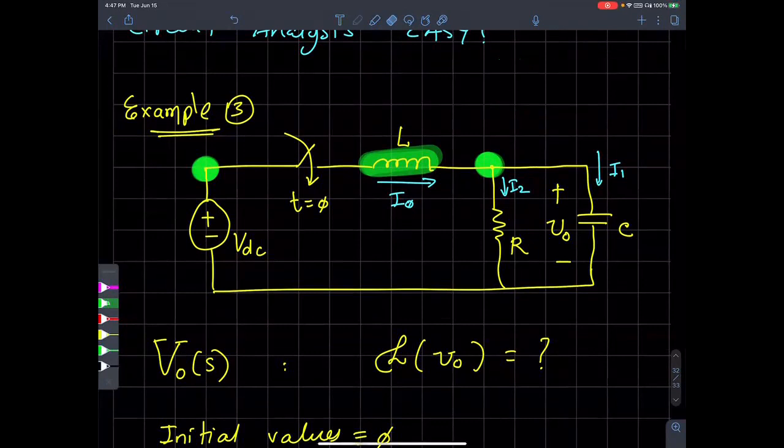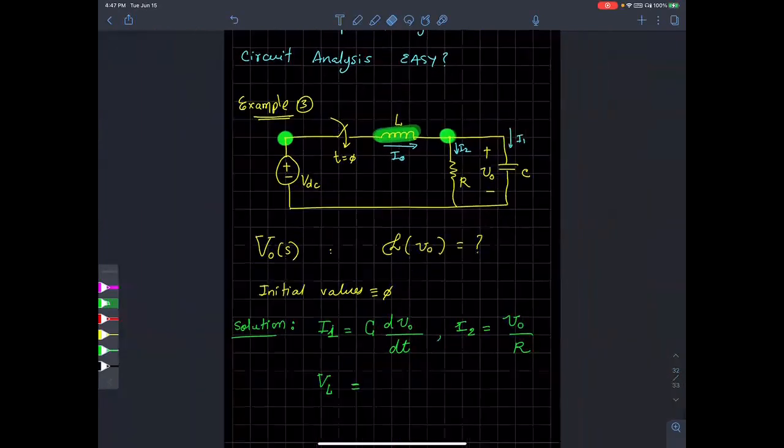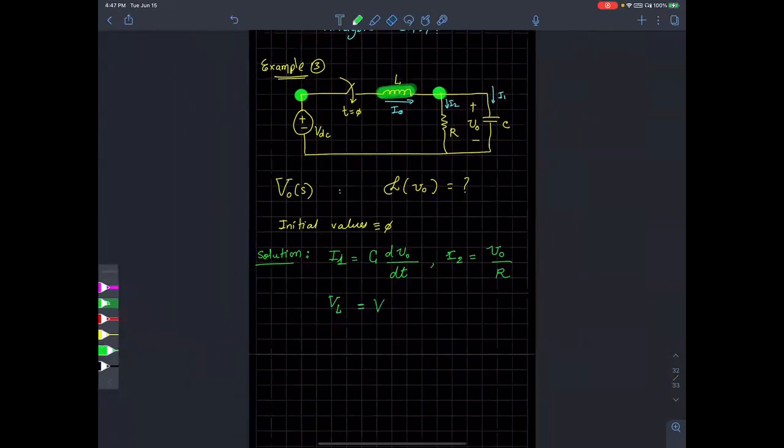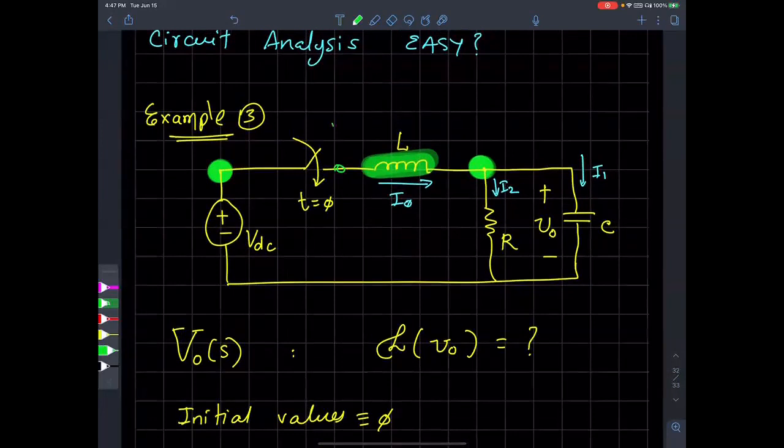But here, just by observation, the voltage across the inductor is the difference between the left hand terminal voltage and the right hand terminal voltage, which is VDC minus VO, right? On this side, there is VDC that is being applied. And on this side, there is a voltage of VO.